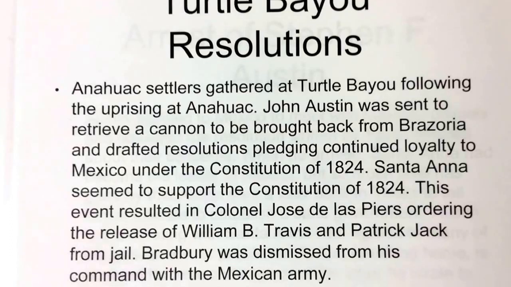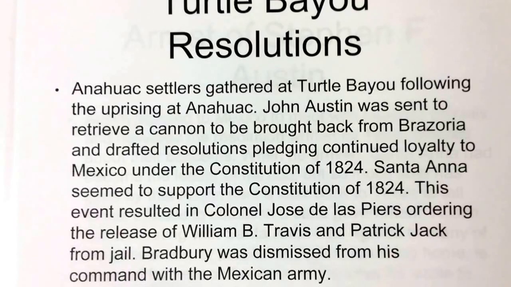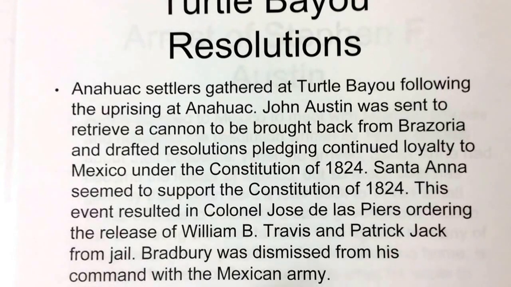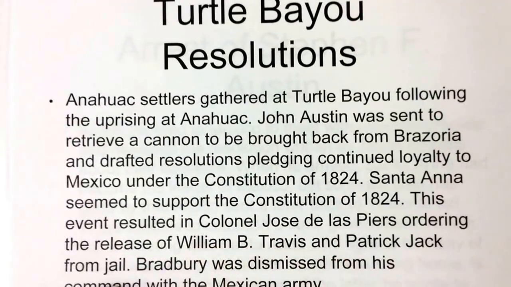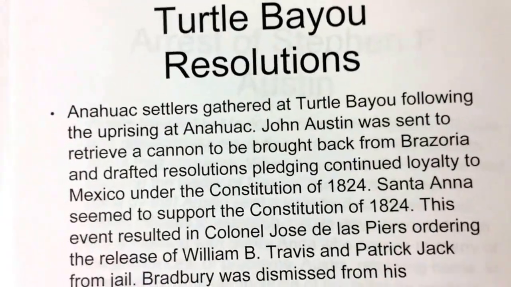This event resulted in Colonel Jose de las Piedras ordering the release of William B. Travis and Patrick Jack from jail. They had led the uprisings in Anahuac, and this was kind of their first time being in the news. And as this happened, a lot of people are going to be dismissed from the army. They're going to be restructuring to stop the Anglo influence everywhere. But we need to remember that it's going to support the Constitution of 1824, and major people like William B. Travis are going to be released from jail from their actions in Anahuac.